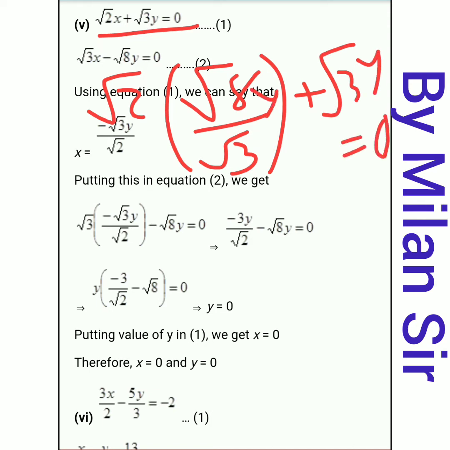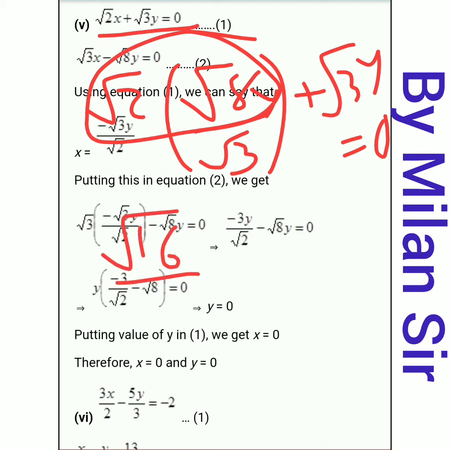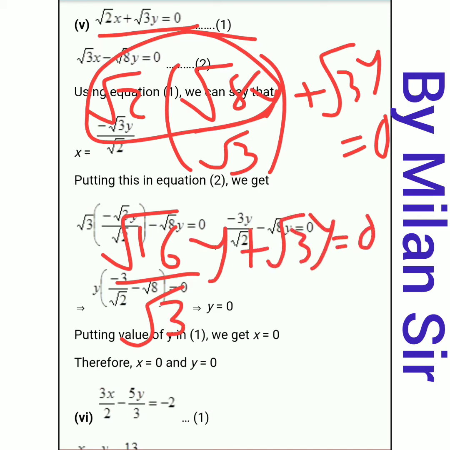Here y is also there. So we just put the value of x here. Now √2 into √8, so √16, by √3, y plus √3y is equal to 0.